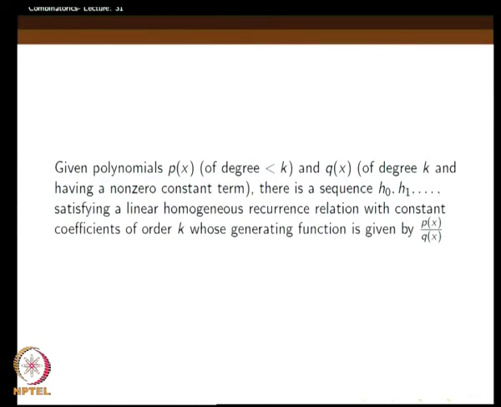And then there will always be a sequence H0, H1, H2, H3 and so on such that this is the generating function, and not only that, the sequence will satisfy a linear homogeneous recurrence relation with constant coefficients of order k, and the generating function for that sequence will be this one. This is our aim today.